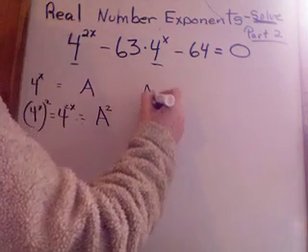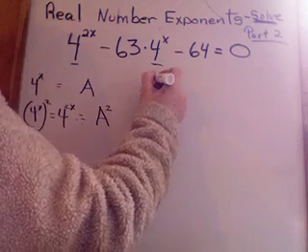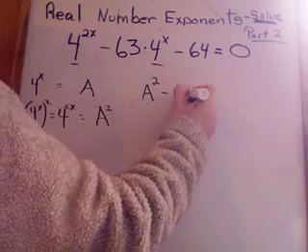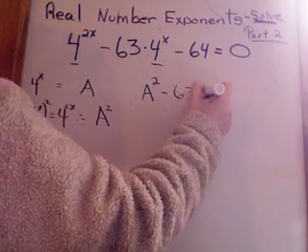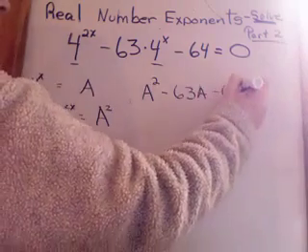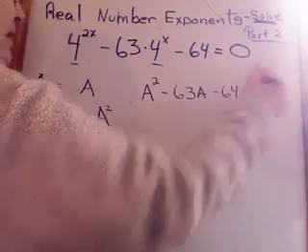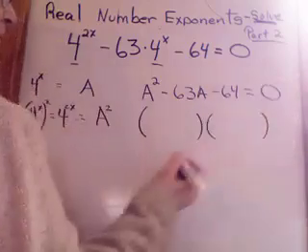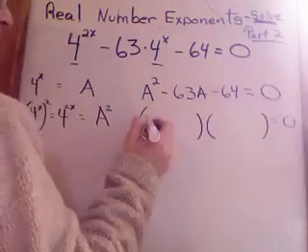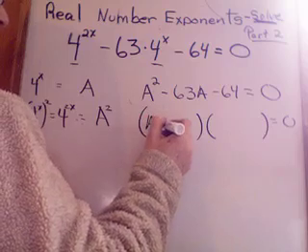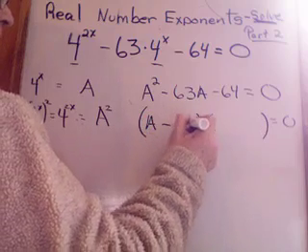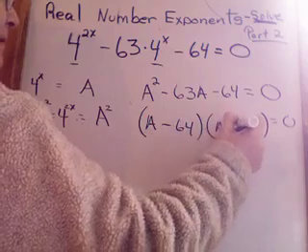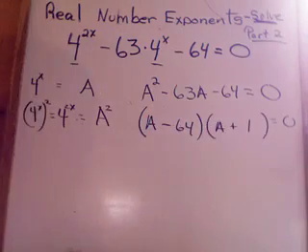If I asked you to factor or solve this, a squared minus 63a minus 64 equals 0, you could solve that by factoring, right? A minus 64, a plus 1, correct?